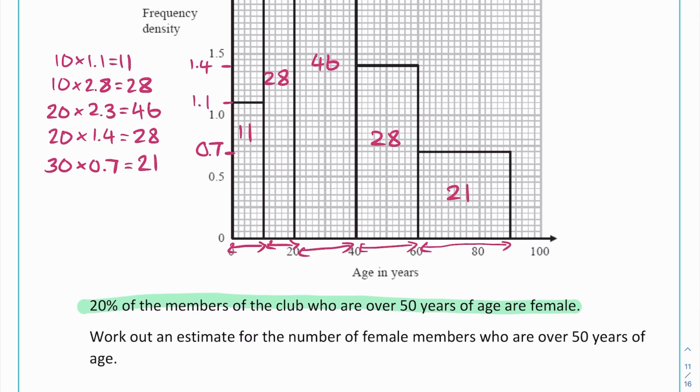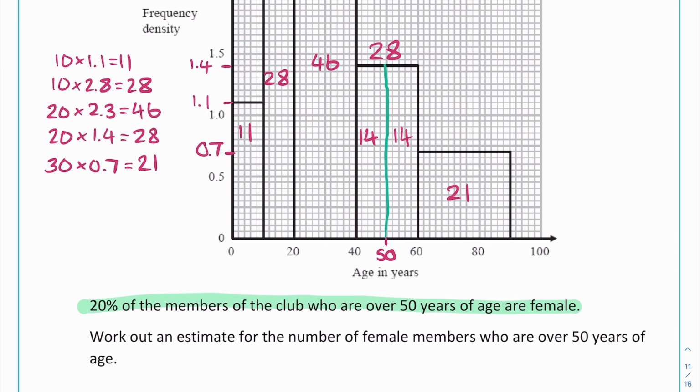Let's just have a look now what it's asking. So in terms of people that are over the age of 50, where does 50 lie? Well, 50 lies just here. So if we were to make an estimate, if we were to split that bar going up, then everyone on the right of that bar is over 50. So how does that help us? Well, if that whole bar there is 28, and bearing in mind we're just making an estimate, we would estimate that there's 14 on the left and 14 on the right.